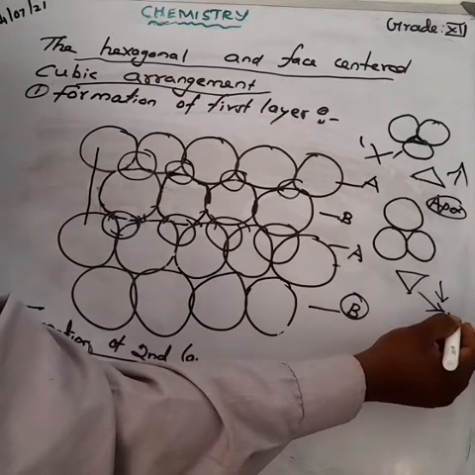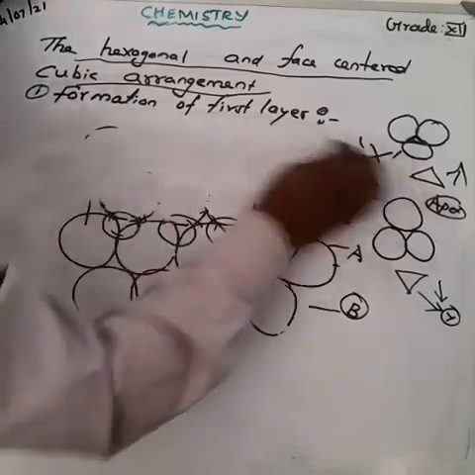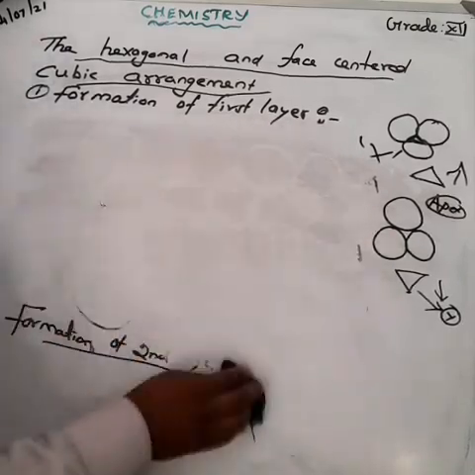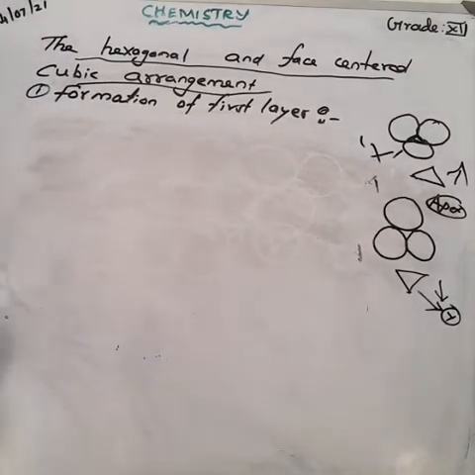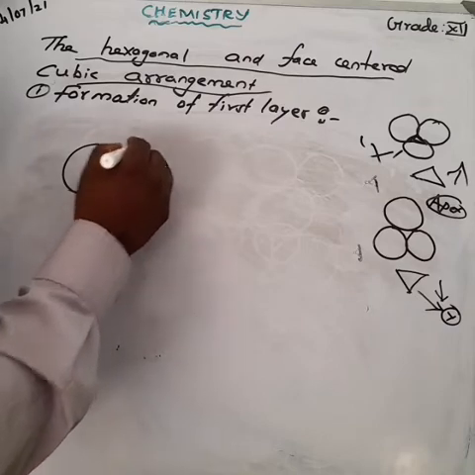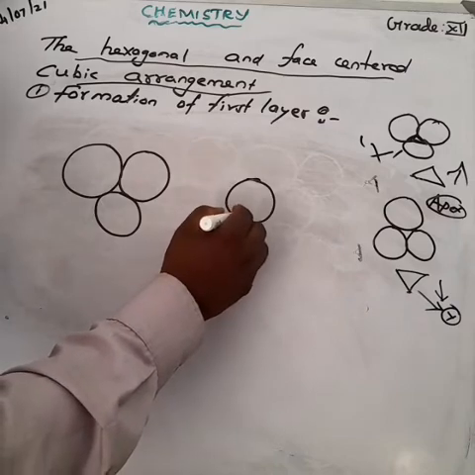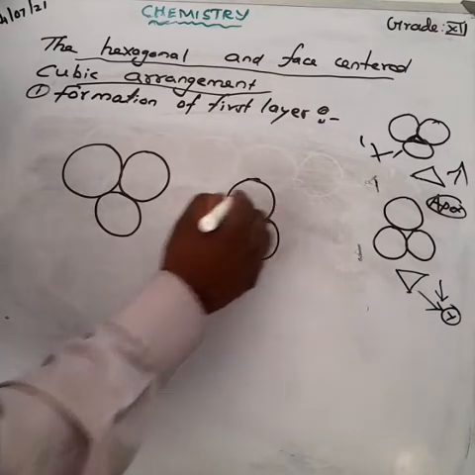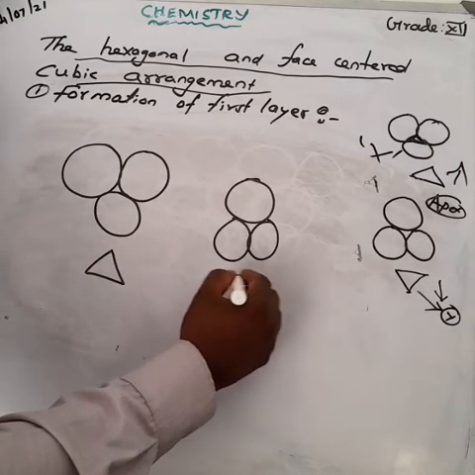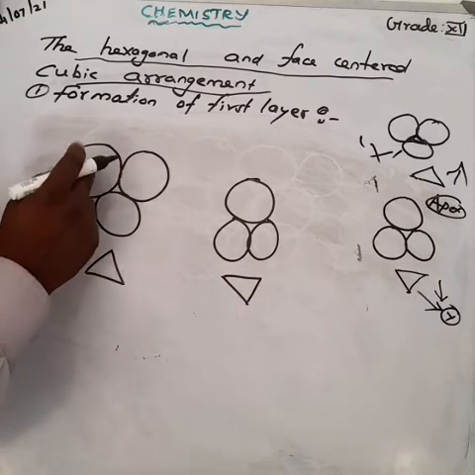Please watch the diagram carefully. There are two types of voids, otherwise we can say holes, named as X and Y. The second layer can be formed by placing the spheres on the depressions, that is, the holes X and Y. We consider the formation of the second layer by placing the spheres on the depressions of X. Next, this is the first layer.